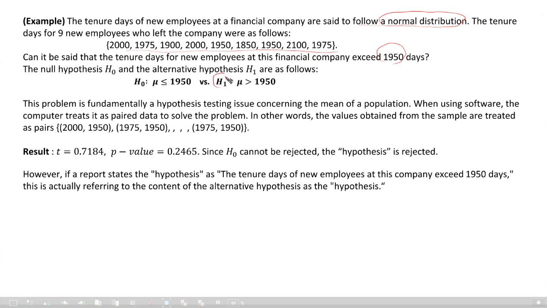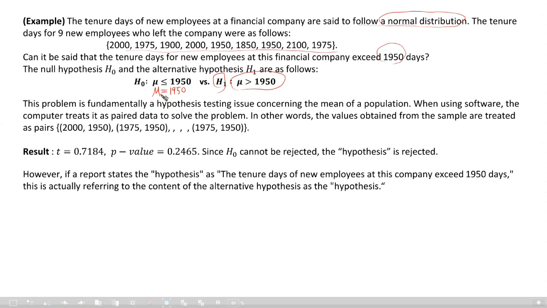So H1 is mu greater than 1950. The null hypothesis H0 and H1 are like that. You may say H0 is mu equal to 1950, without the inequality.